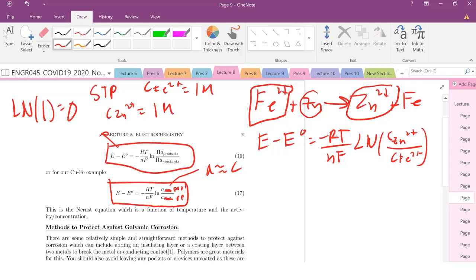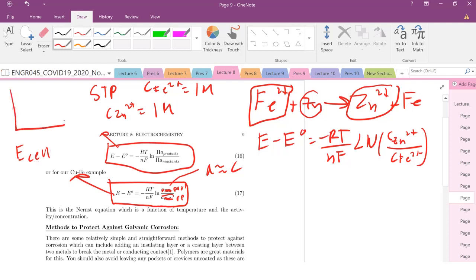So this expression disappears, and you're left with E equal to E naught of your cell, which is just what we have at standard temperature and pressure conditions. But what happens when that concentration is not 1 molar, when we're not at standard temperature and pressure conditions? Well, then we have to use the Nernst equation to figure out what our E of the cell is going to be.